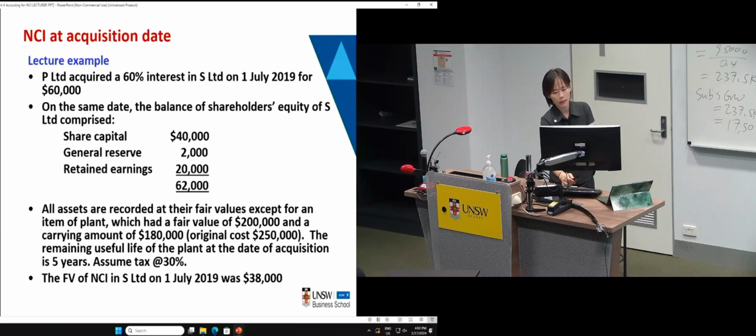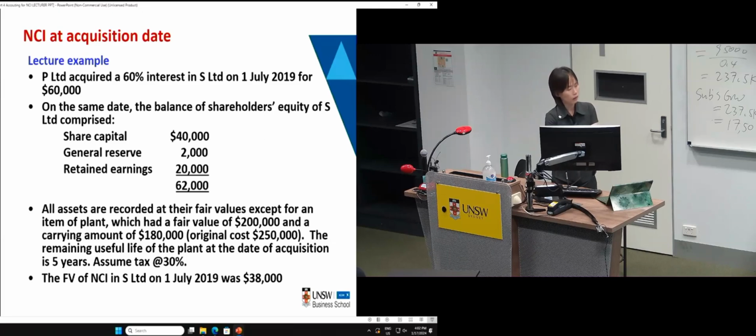On the same day, the balance of the subsidiary's equity accounts, including share capital, general reserve, and retained earnings, total $62,000. This is also equal to the book value of the subsidiary's net assets on the acquisition date, right?